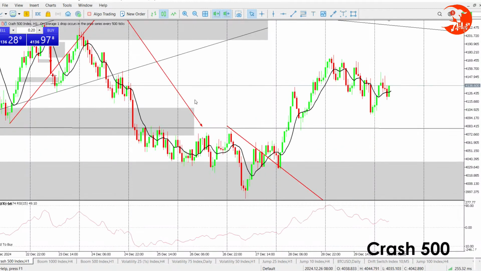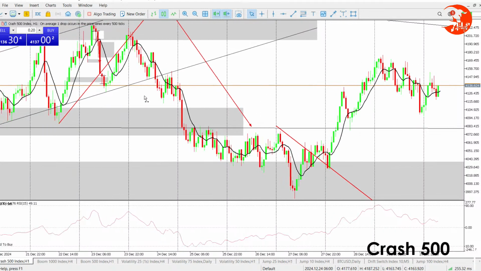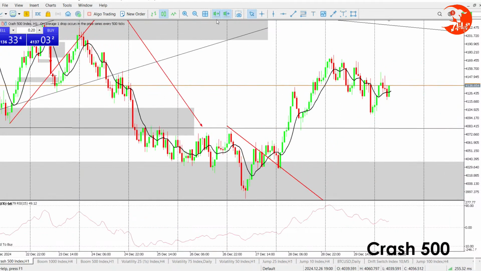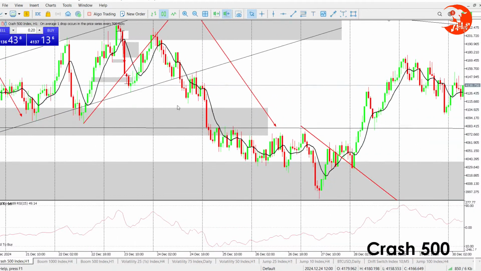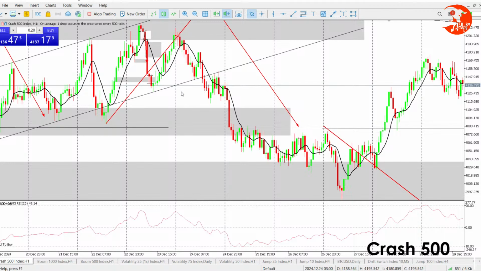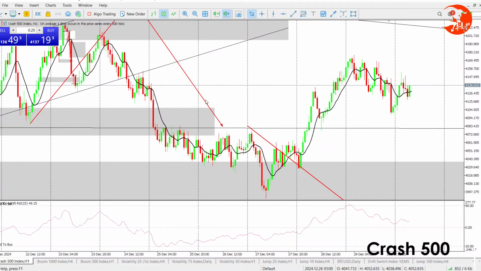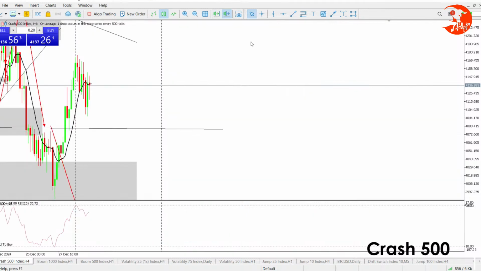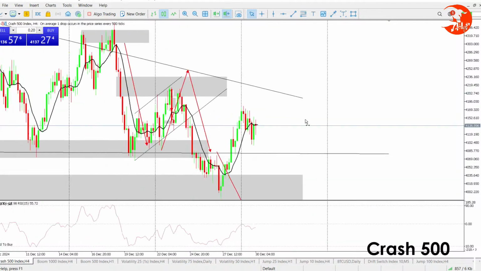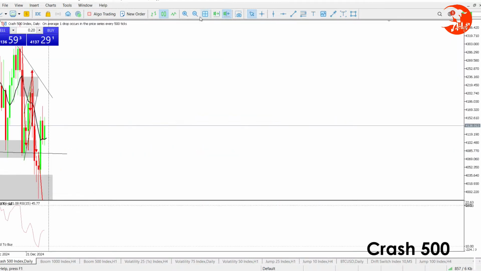The last time we checked it, when was it? Let's see, it was around this area here, I believe. I don't remember the exact date, but I think it was around this when we were still within here. So we clearly see that it followed what we had anticipated from there, and even from there to take us right down below.